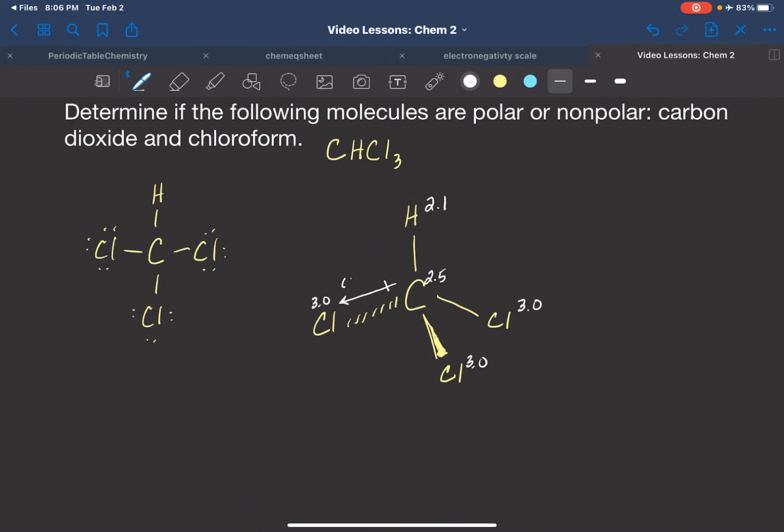And the difference there we see is 0.5. We can see here on this carbon to this chlorine, there's a dipole moment as well. And that is also 0.5. I'm going to put that net difference value, the magnitude, in parentheses there. And then from this carbon to this chlorine is also 0.5. And you'll notice that I try to draw all the arrows the exact same length.